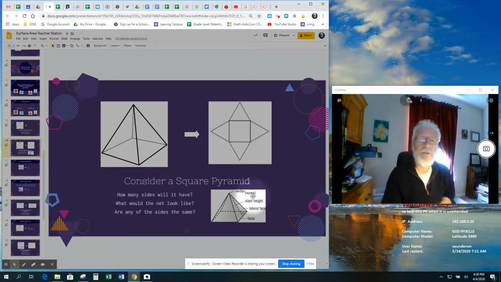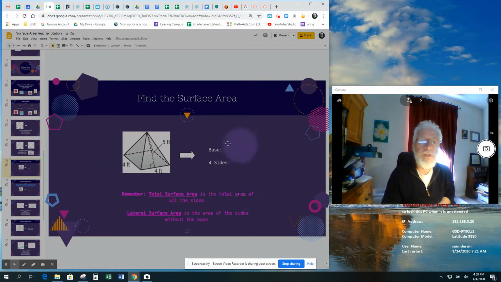Remember that one. Okay, that's very important. So let's calculate some. We have a square pyramid here. It has a base of 4 on one side and 4 on another side, and the slant height of the triangle on the sides is 5 feet. Okay, so I think we have all the information we need.